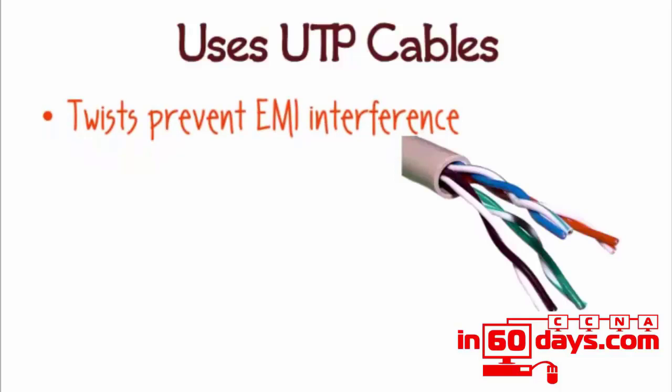The reason for this is they found that it didn't necessarily make the signal go further, but it prevented interference. So in theory you can have the cable going for a longer distance, if that makes sense, because there's no interference. Crosstalk as well. Crosstalk is where the signal going across one wire interferes with the signal going across the other wire, actually inside the cable itself.